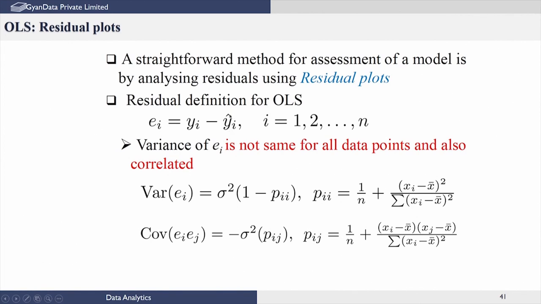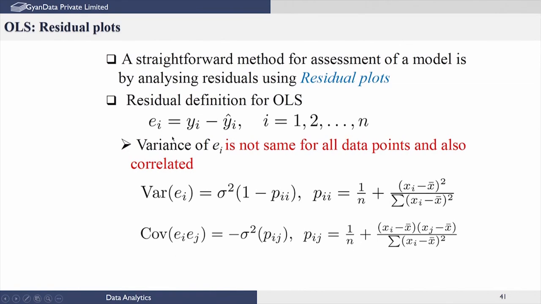It depends on all the measurements. It is not dependent only on the ith measurement. This predicted value is a function of all the observations, and because of that it introduces correlations between the different residuals and also imparts different variance to different residuals.